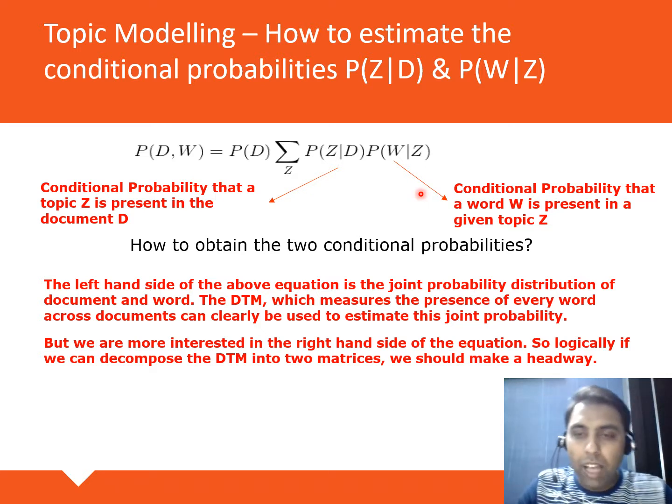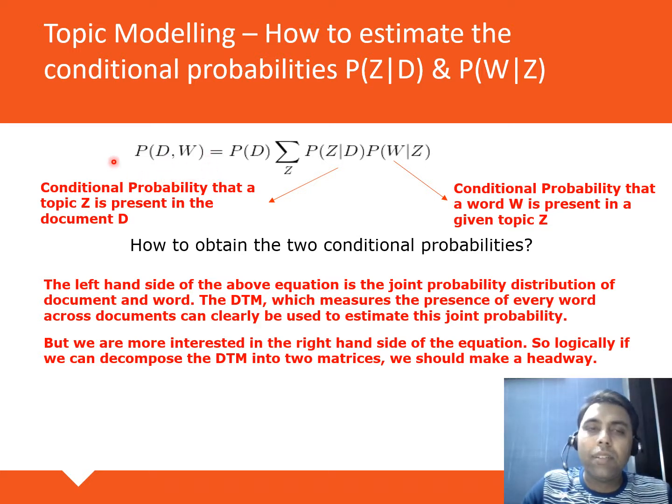I made a very important statement in a very casual note, but it's a very important concept when it comes to understanding topic modeling, so I'll reiterate. The left hand side of this equation has the joint probability distribution of the documents and words, which can be estimated from the document term matrix.